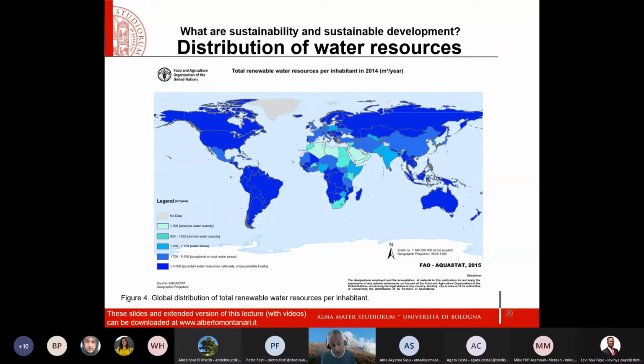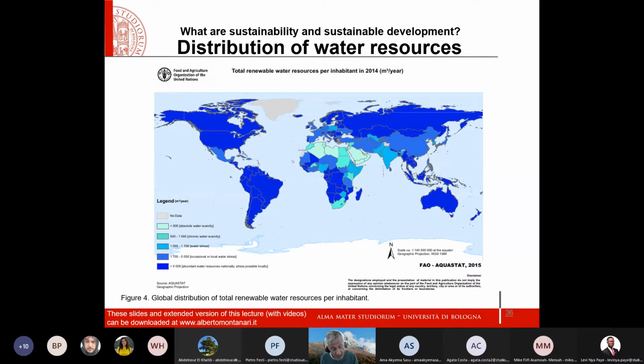And if you put together, at the regional level, at the local level, or the global level, the data on gross domestic product, water resources availability, distribution of rainfall, you get a lot of nice overviews on how the GDP is connected to resources availability, which is extremely interesting.